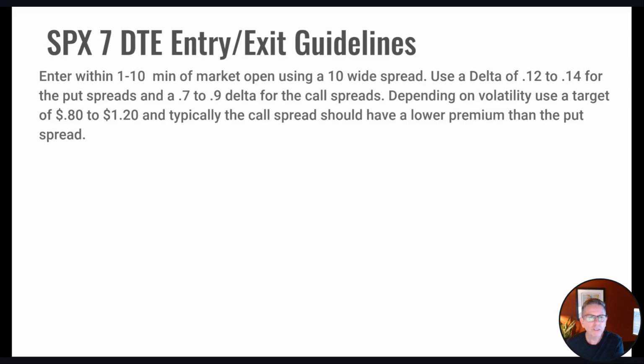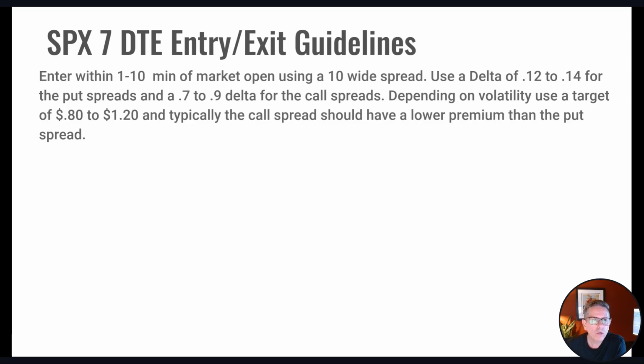A little bit different. With 7DTE, I do the same thing. I like to enter the trade at the beginning and use that implied volatility. So I use a delta of 12 to 14 delta for the put side, and 7 to 9 delta for the call side.